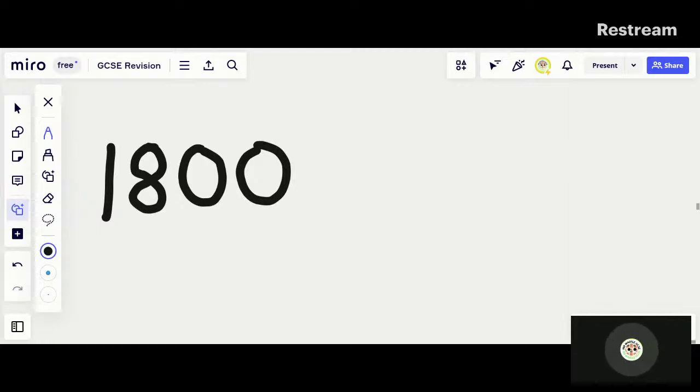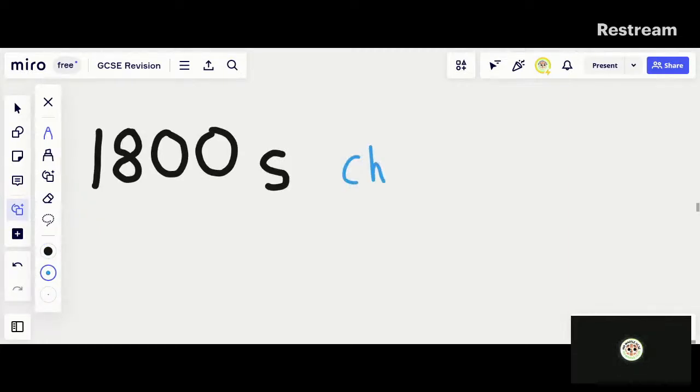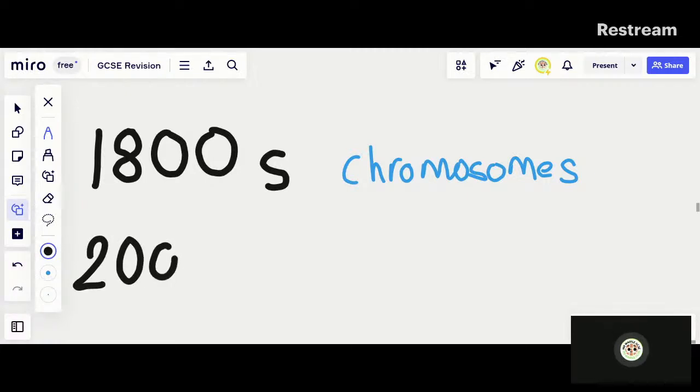So, in the 1800s, scientists first looked at chromosomes, which are just long strands of DNA. Scientists were able to observe how chromosomes behaved during cell division. Then, the next big discovery was in the 20th century.